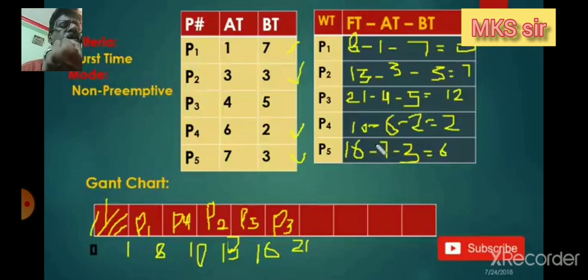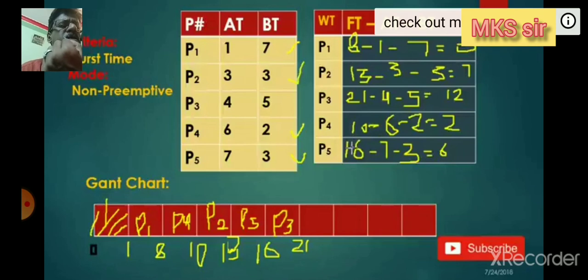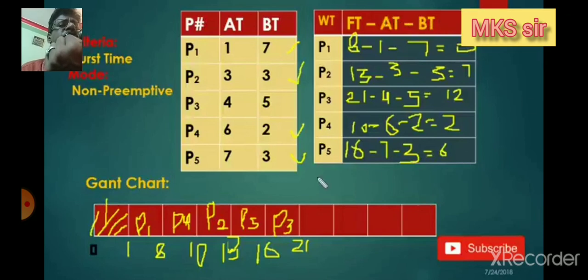Now all tasks are completed. Now we have to calculate the average waiting time. First we have to sum up all the waiting times, then divide by the number of processes. From the given problem the number of processes is 5: P1, P2, P3, P4, P5.